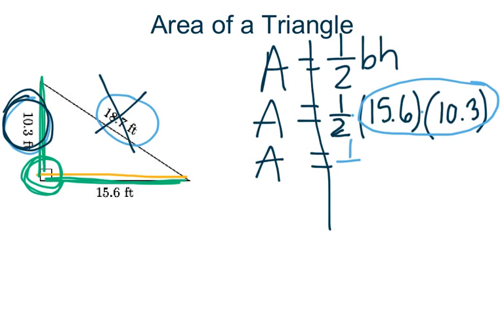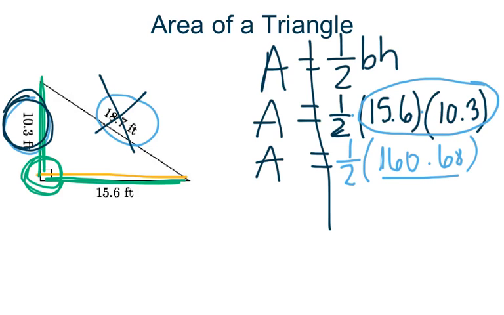So we're going to take the 1/2, bring it down because we haven't used it yet, and 15.6 times 10.3 is 160 and 68 hundredths. So we need half of 160 and 68 hundredths.